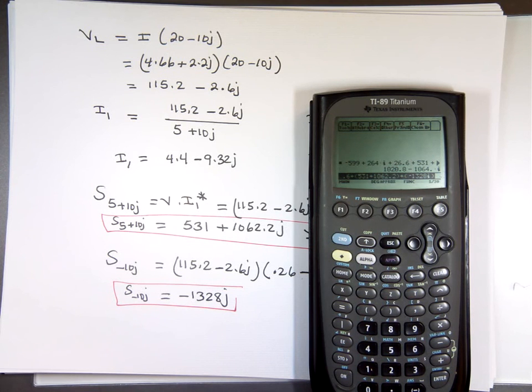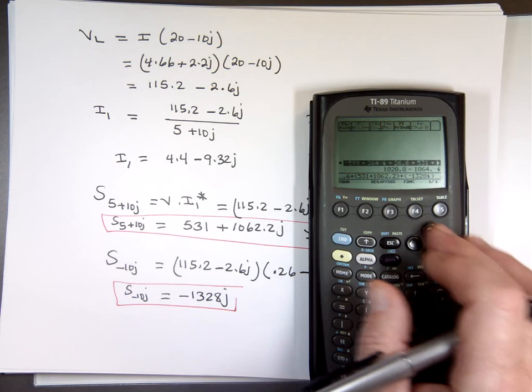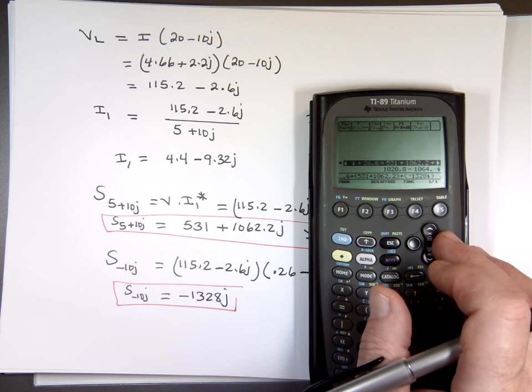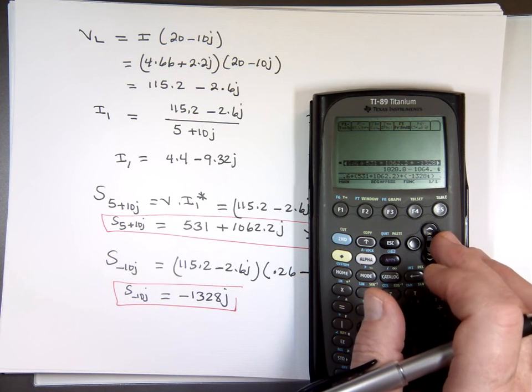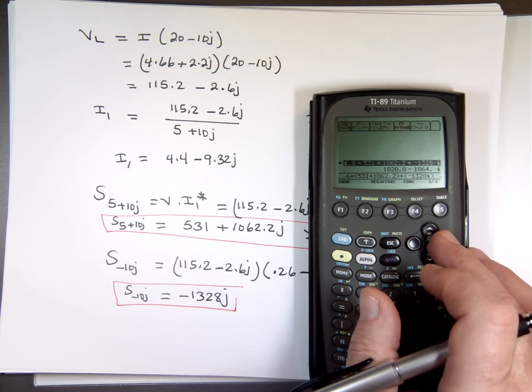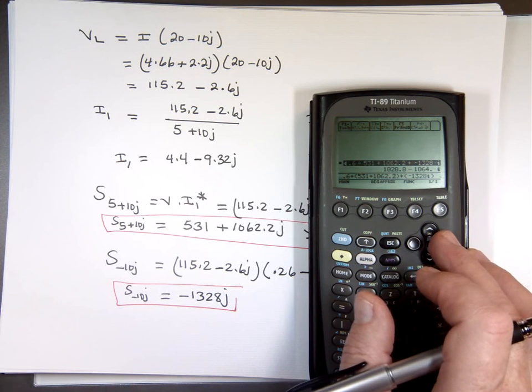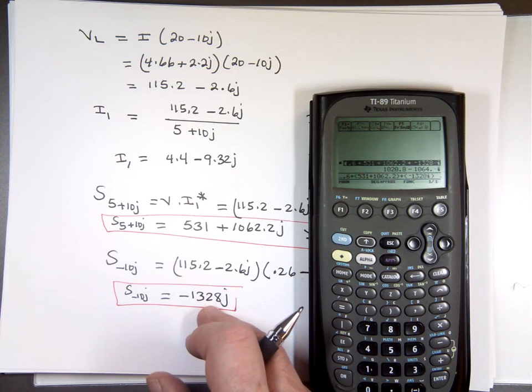Did you get, what'd you get for answers? Negative 41.55 minus 0.2j. The 0.2 is the rounding error. 1328. It'd just be 0, right? If you add supply and absorbed, there should equal. Yeah.